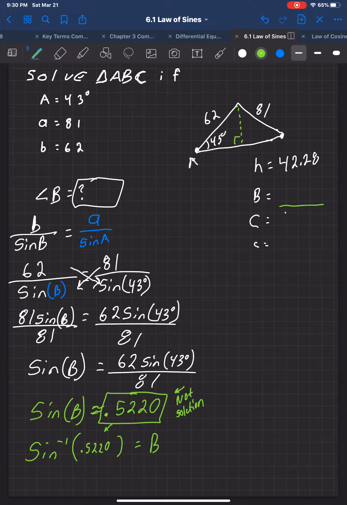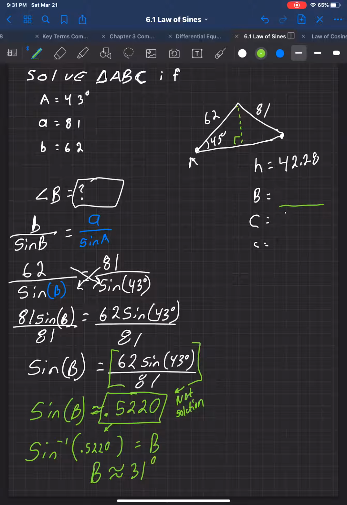Your calculator's probably robust enough just to put all of this in: 62 sine of 43 degrees over 81. I would say that B is roughly equal to 31 degrees. I'm rounding. You should try it just to make sure, so you get a feel for it. Roughly 31 degrees.